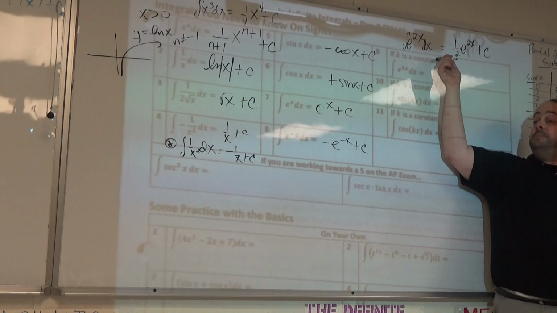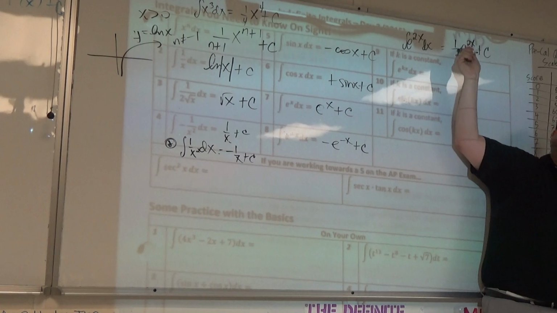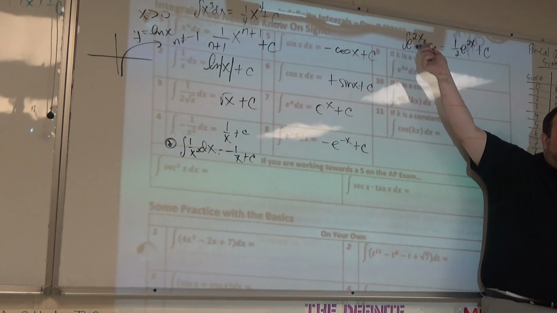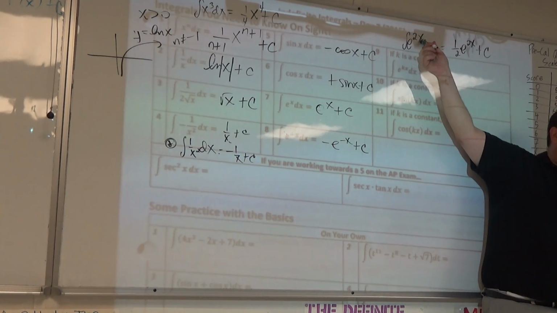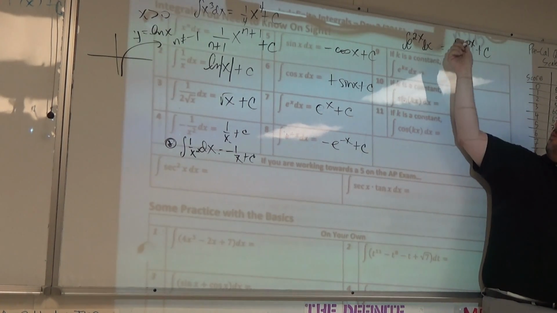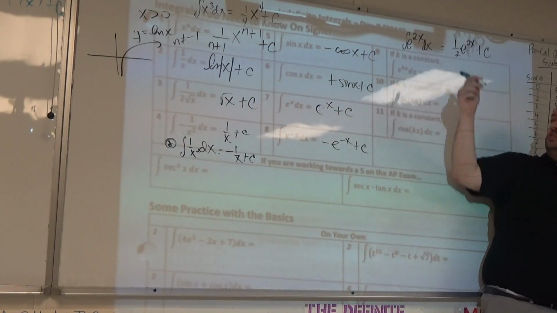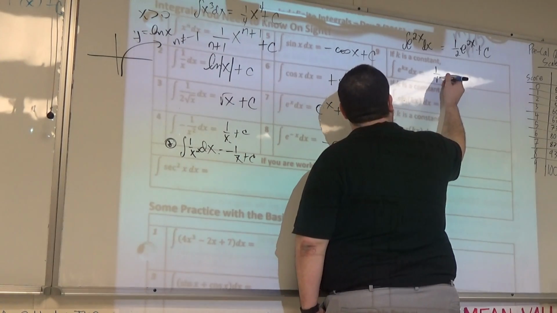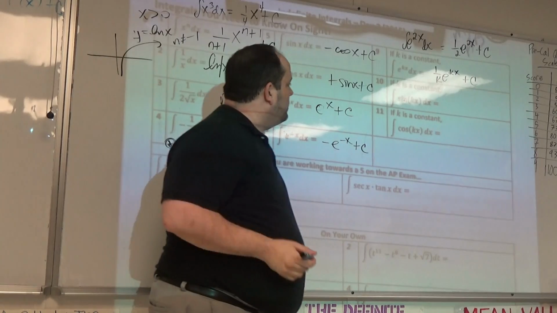Right, that's like a specific case. If k is equal to 2, then it's 1 over 2 e to the 2x. If this was e to the 5x, everyone would be able to tell me that the antiderivative is 1/5 e to the 5x plus c. So over here, if it's e to the kx, it's 1 over k e to the kx plus c.